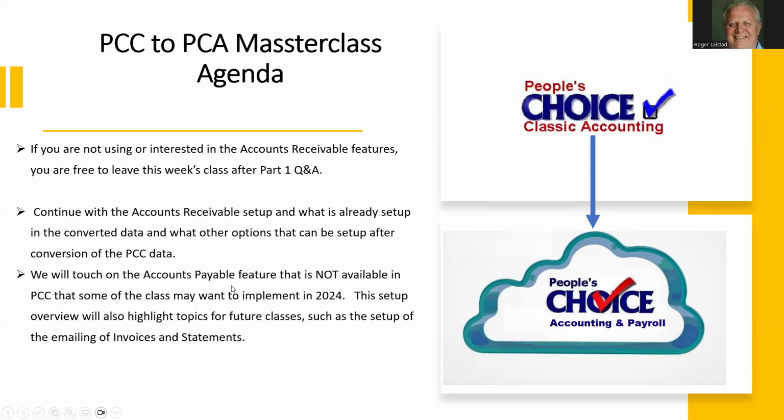So the other thing to keep in mind, I'm going to get a little geeky here, is People's Choice Desktop, the upgrade, can be set up to be on a cash basis or an accrual basis. And basically, the main thing you need to understand is People's Choice Classic, the accounts receivable module, was set up on a cash basis. And so when we converted it, it was converted to a cash basis.